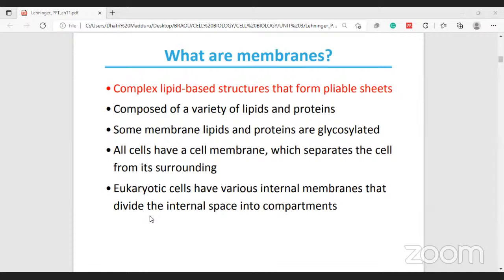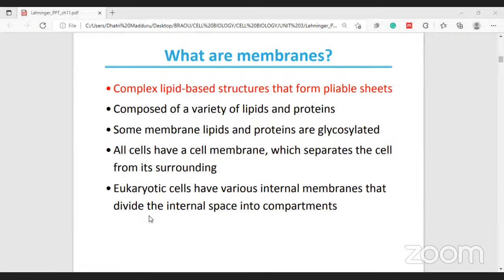When a sugar molecule is linked to a lipid, it is called a glycolipid, or a lipopolysaccharide if it is a polysaccharide. If it is a simple sugar, it is a glycolipid. And if it is a protein, then glycoproteins, which means a carbohydrate molecule is linked to the protein.